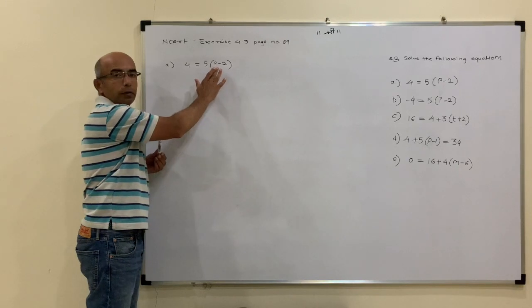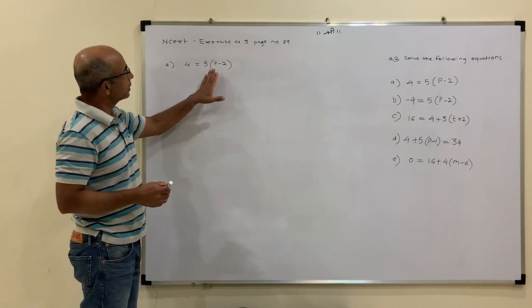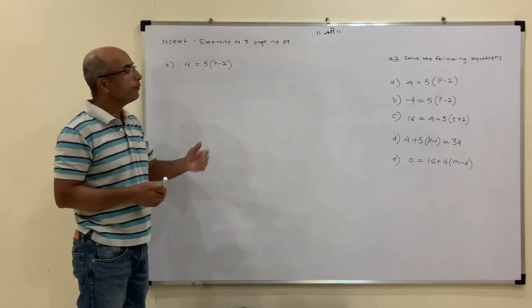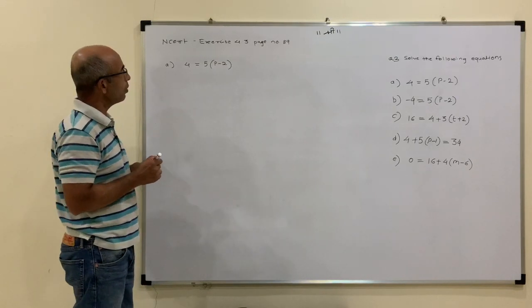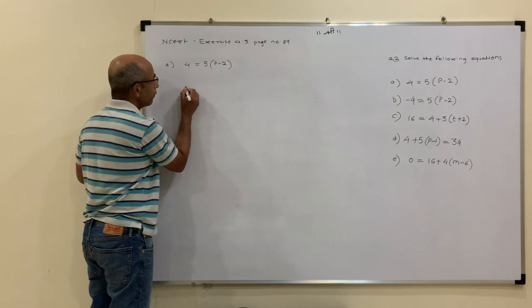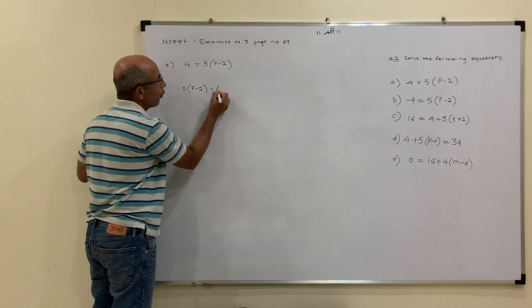So P, the value of P we need to find. So this is a general practice that the value which we want to find, we always put it on the left hand side. So I am going to rewrite this problem as 5 into P minus 2 equals to 4.